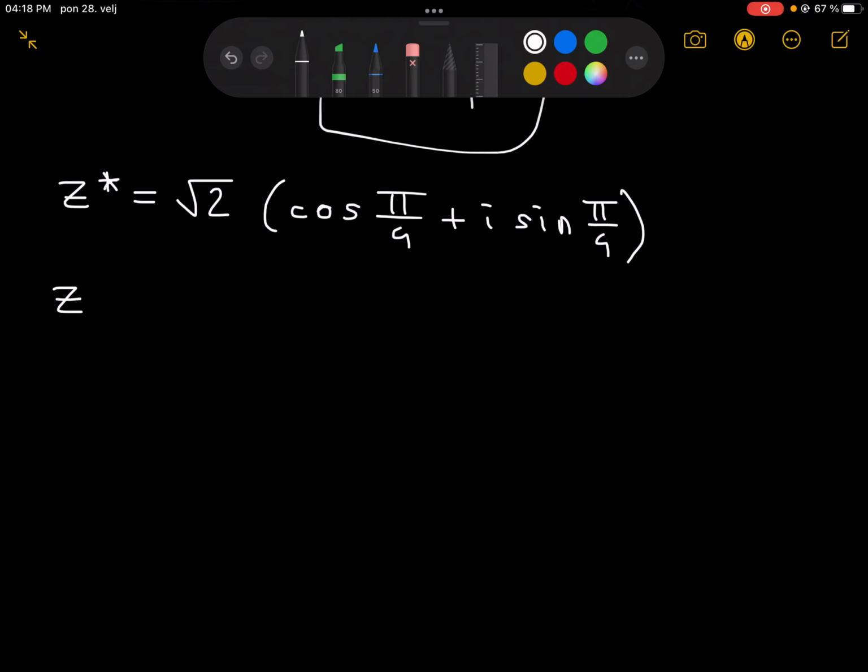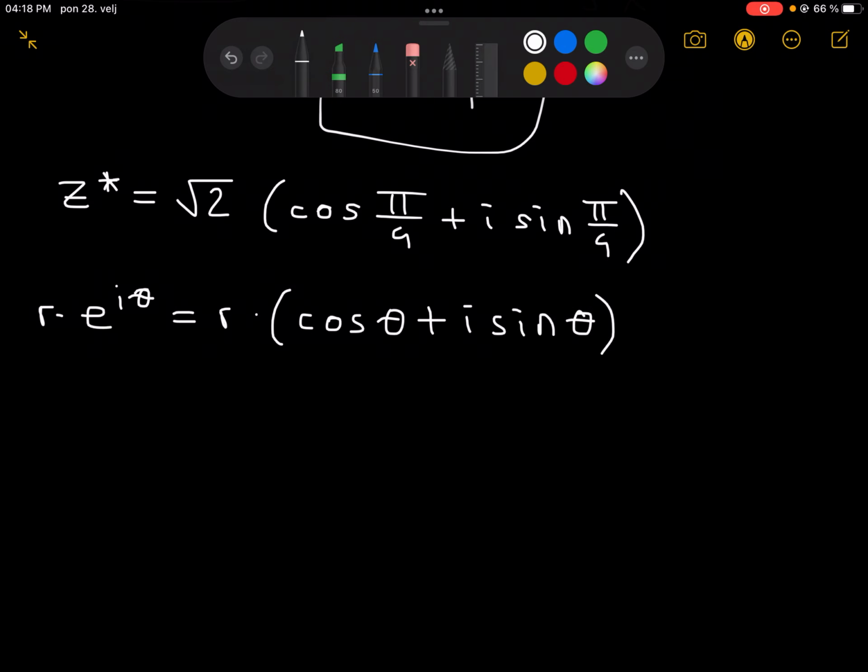Let's go ahead and remember Euler's identity: r times e to the power of i theta is equal to r times cosine theta plus i times sine theta. Or in other words, z asterisk then must be equal to the square root of 2 times e to the power of i pi over 4.